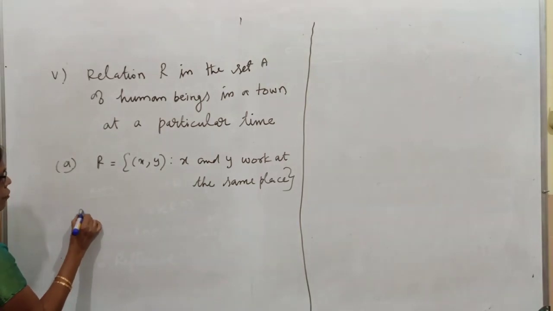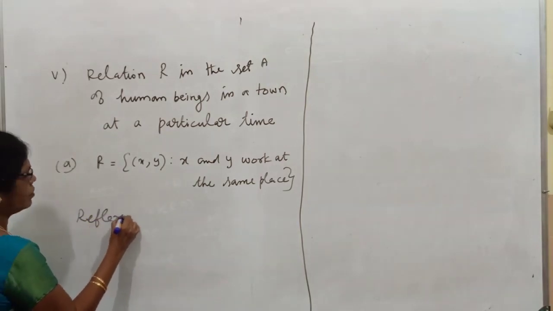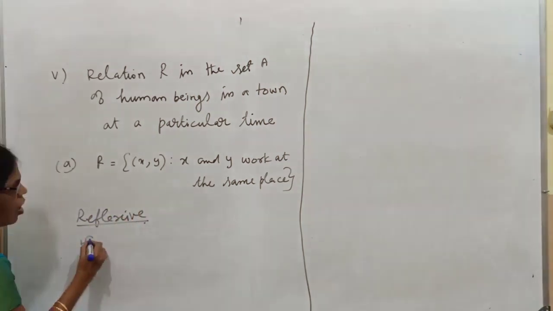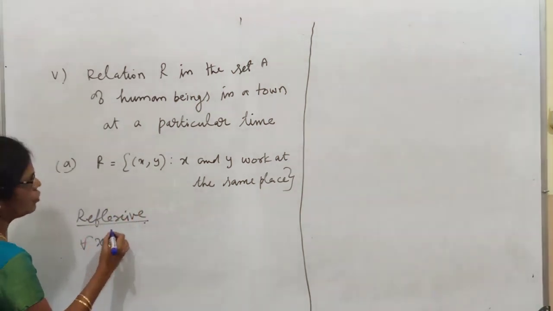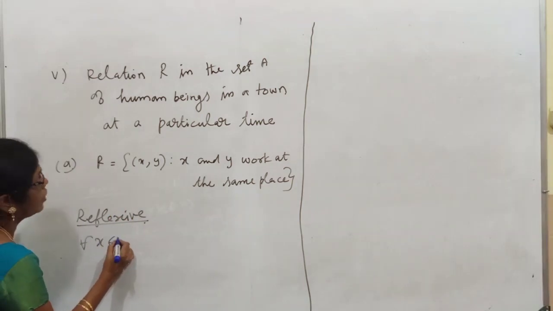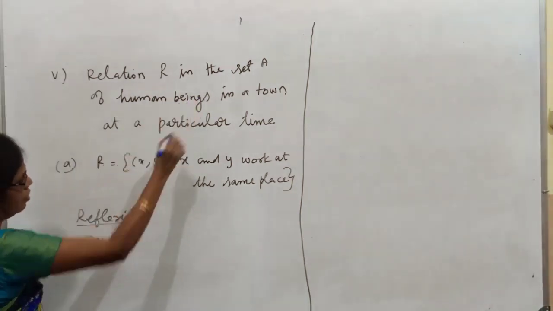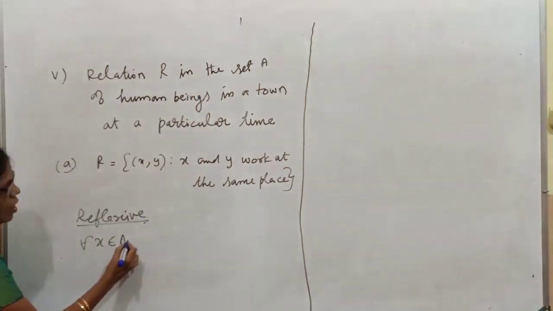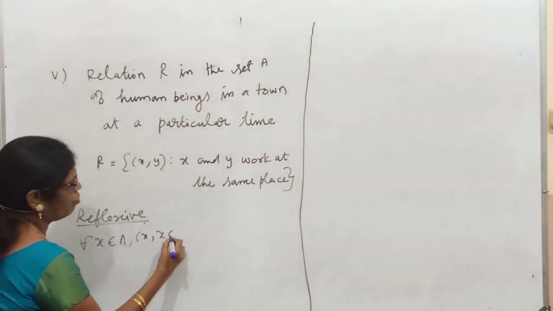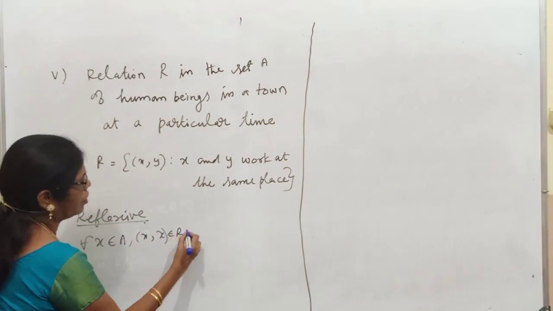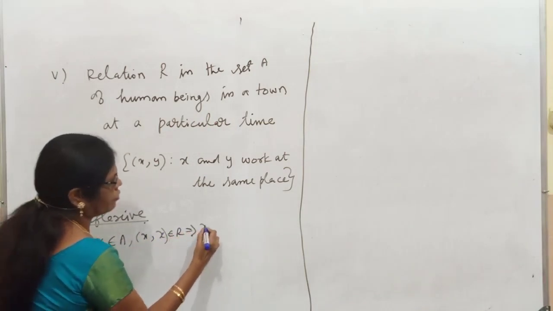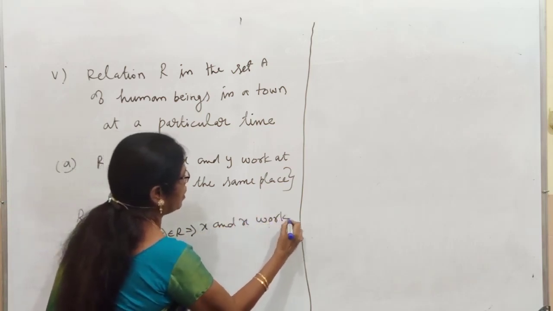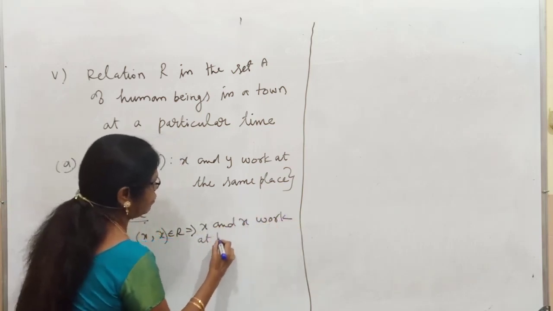How will you prove it is reflexive? For all x belongs to the set A, where A is the set of human beings in a town, (x, x) belongs to R, which means x and x work at the same place.